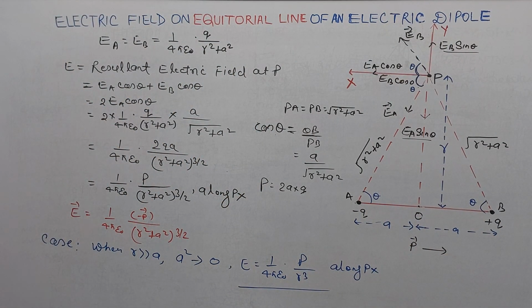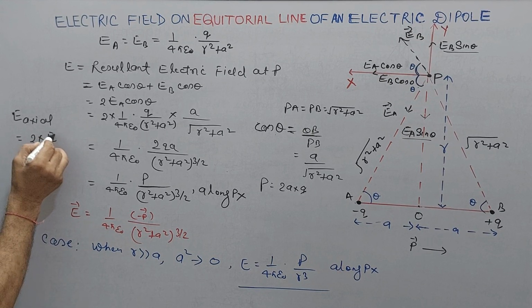So here we have considered two cases, the earlier one and this one. The electric field at the axial point is twice the electric field at the equatorial point.